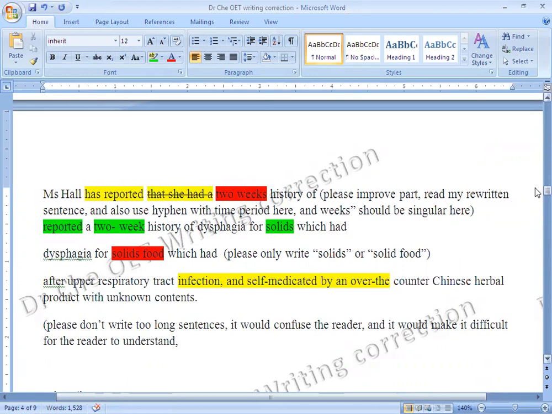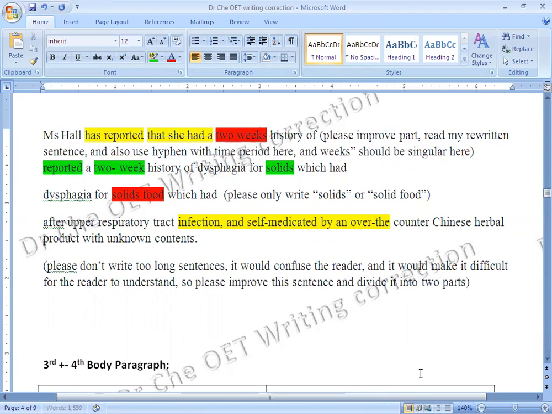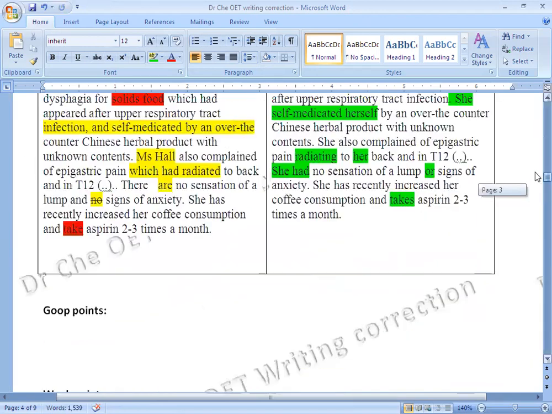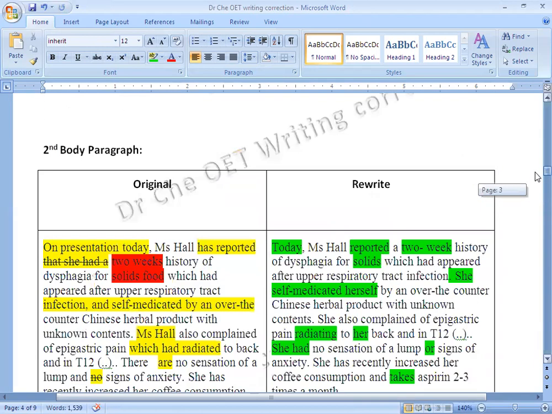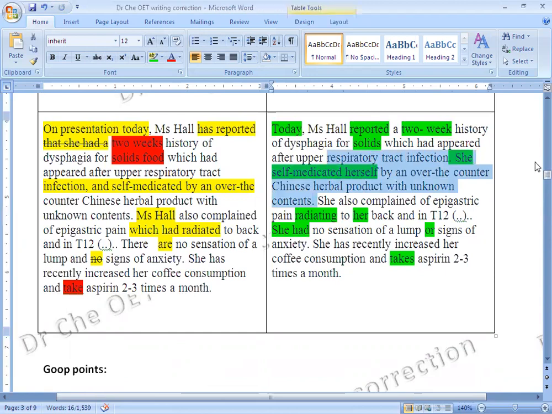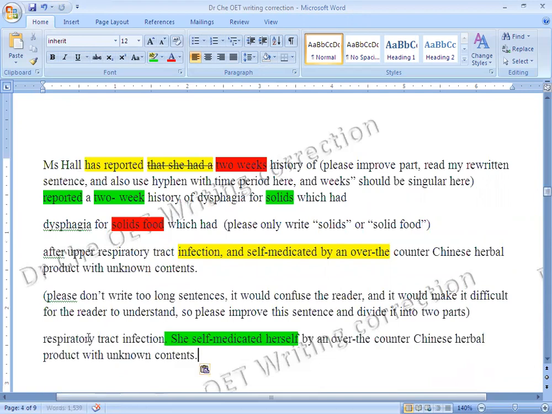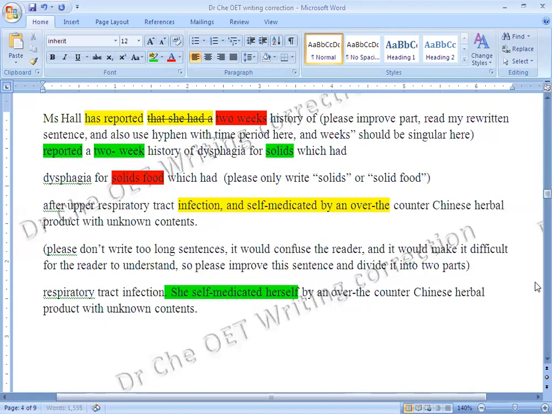So please improve this sentence and divide it into two parts. We need to divide this big sentence into two. Now it would be easier to understand after dividing it into two parts like this.